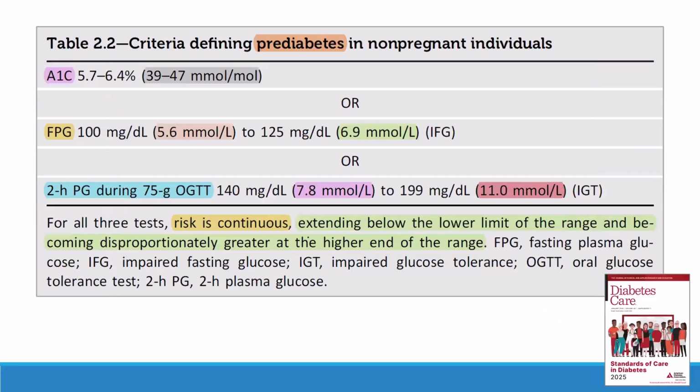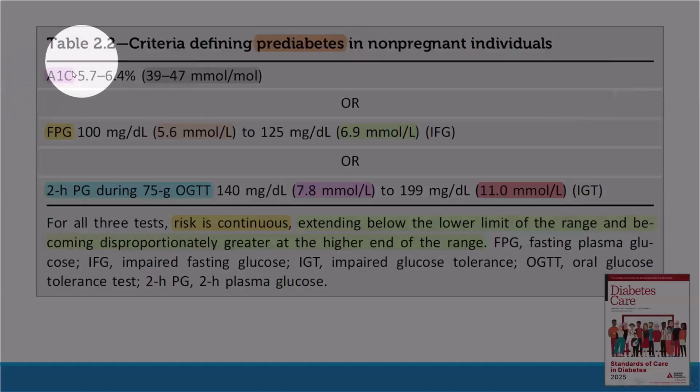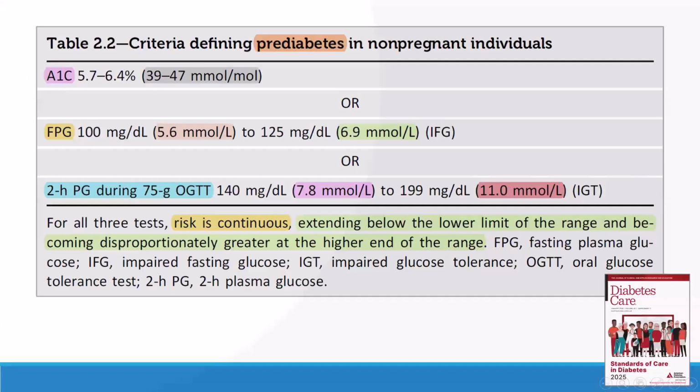The pre-diabetes, as I mentioned previously, this is the American Diabetes Association recommendation. The pre-diabetic if the hemoglobin A1C, and actually in the previous guideline, hemoglobin A1C was not a criterion, but nowadays it is the third criterion. Hemoglobin A1C between 5.7 and 6.4, this is pre-diabetic. Don't forget that hemoglobin A1C should be standardized.